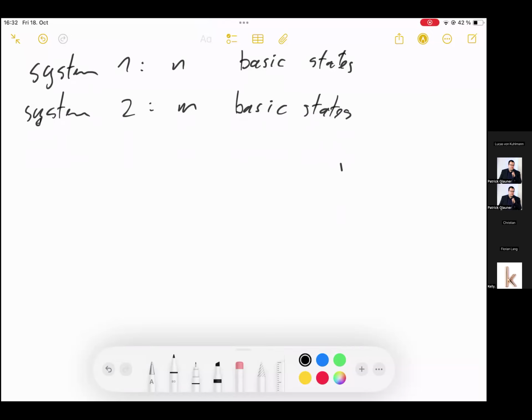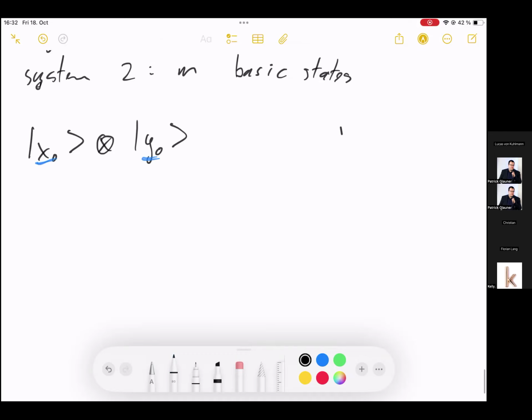What we can do now is take tensor products of the basic states. We say we have x0 ket, and we take the tensor product with y0 ket. So x comes from the first system and y from the second system. This means the first particle is at x0 and the second particle is at y0, because we are composing a system made of two systems.